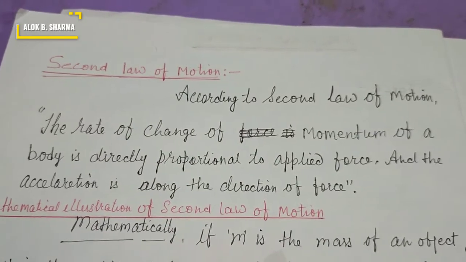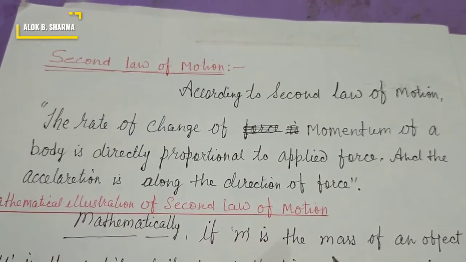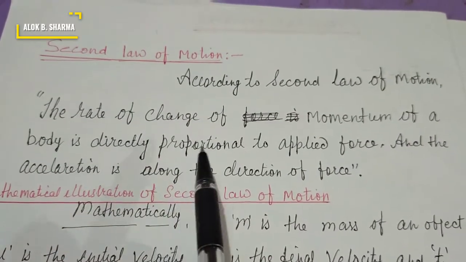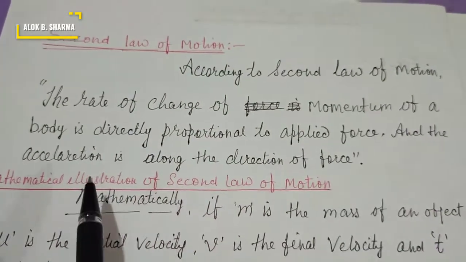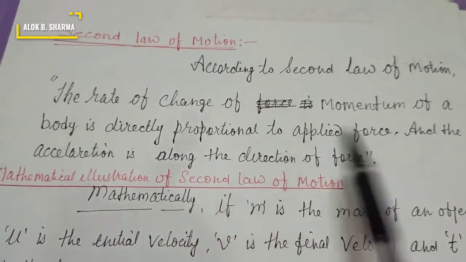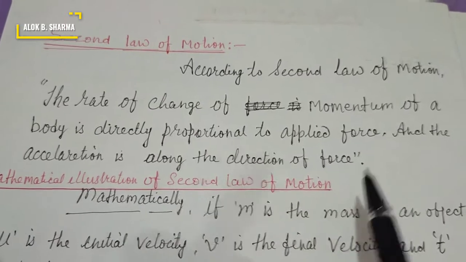The second law of motion is also called the real law of motion. According to the second law of motion, the rate of change of momentum of a body is directly proportional to the applied force, and the acceleration is along the direction of force.